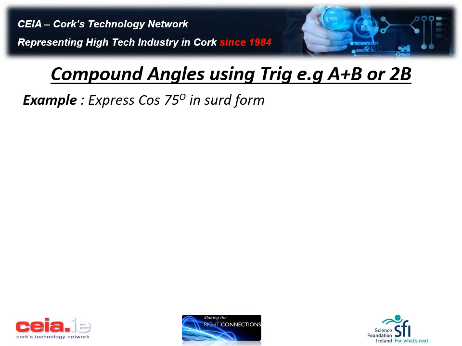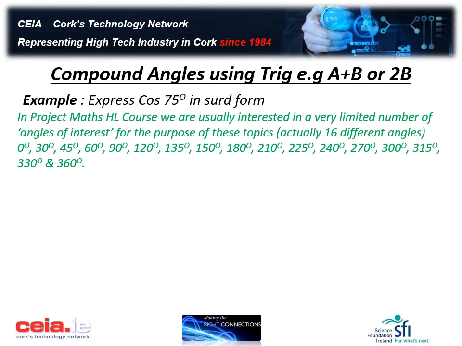Okay, so unlike the last 2 examples I did, this question is not instantly recognizable as a trig equation problem for compound angles, and your suspicion should initially be aroused by the fact that we are asked to find cosine of 75 degrees. Now, you will remember it's a strange angle.